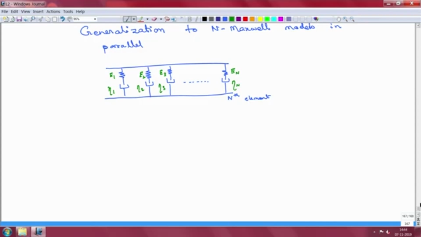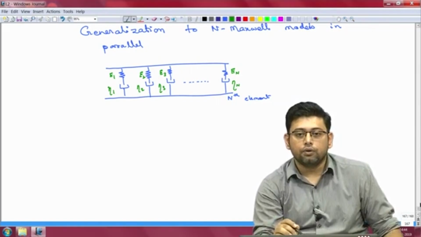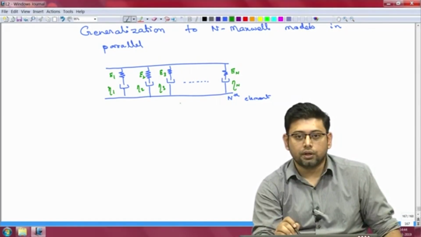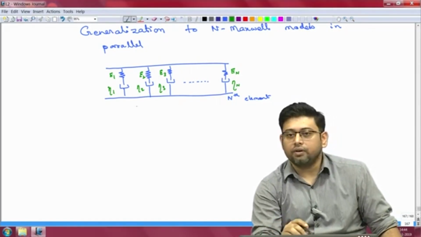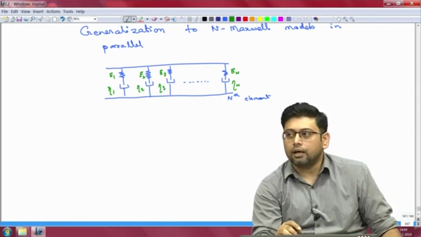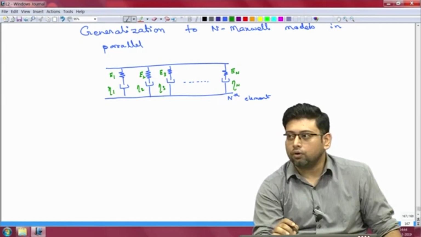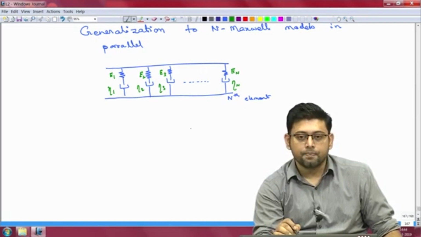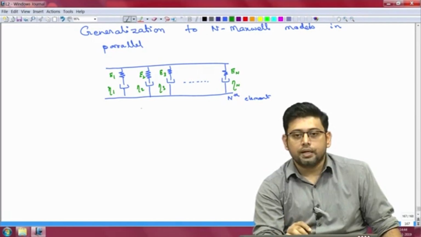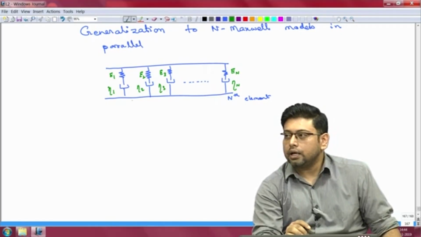If you apply a certain amount of force to this system, that force will be divided into each of these separate elements, and each element will experience a fraction of the total applied force, right. In each of these elements, however small the force is, the dashpot will result in a motion such that the displacement of the dashpot will not be constrained with time.